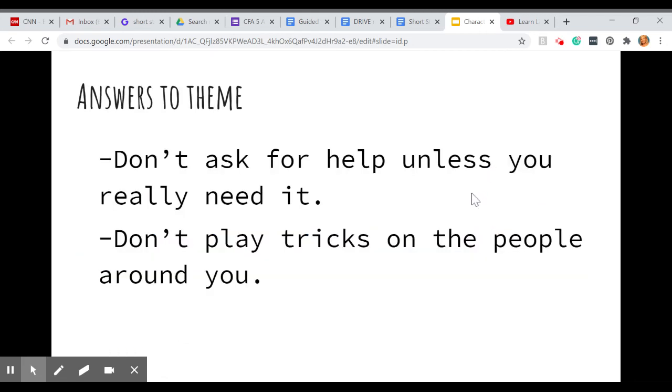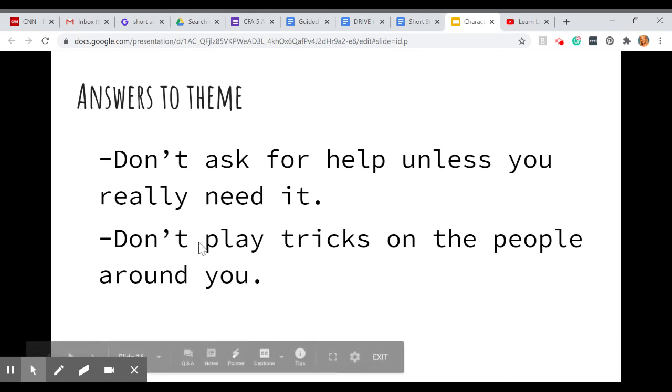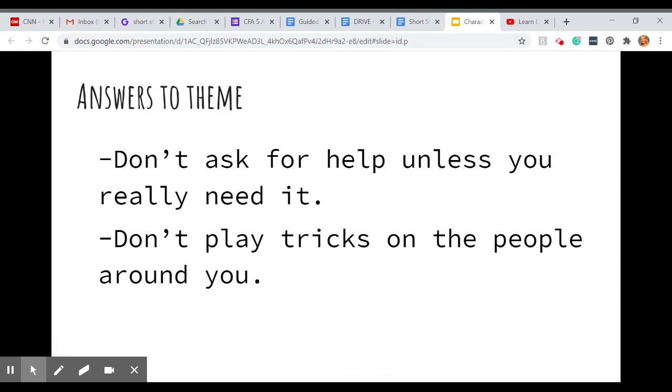Well, don't ask for help unless you really need it. Don't play tricks on people around you. Okay, this is an old fable that you've maybe heard before called The Little Boy Who Cried Wolf. Okay, another theme that you could learn is if you're dishonest, people won't believe you when you're telling the truth.